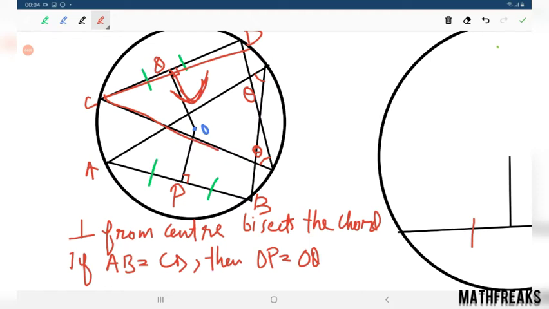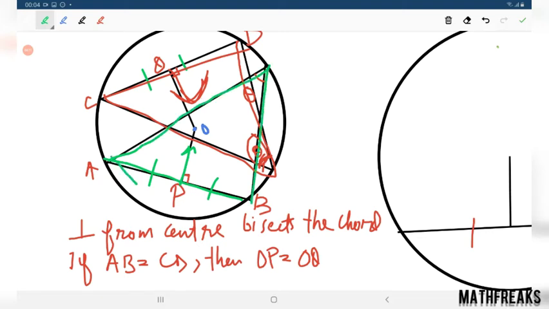So in this segment, the angle subtended by this will be theta to any point on the circle, and from this chord AB towards the center, if the direction is the same, the angle subtended is also theta.